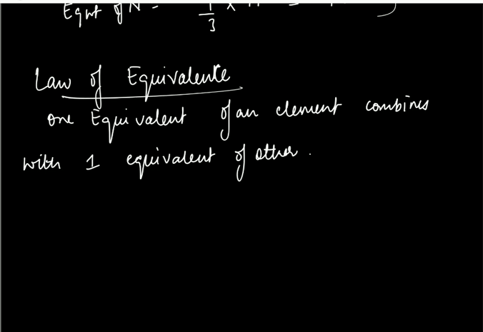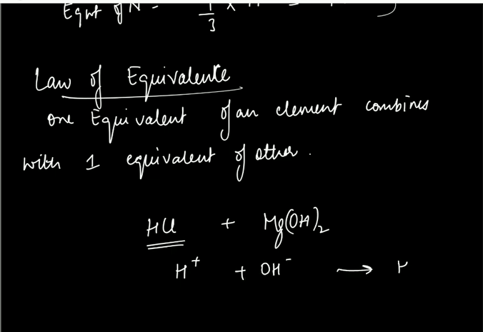For example, if I take HCl and magnesium hydroxide, can you see over here, HCl can ionize itself into H plus, so it's giving one H positive, and we require only one OH negative ion in order to form water. If you go back to the acid base neutralization chapter, you can remember why acid reacts with base to form salt and water.